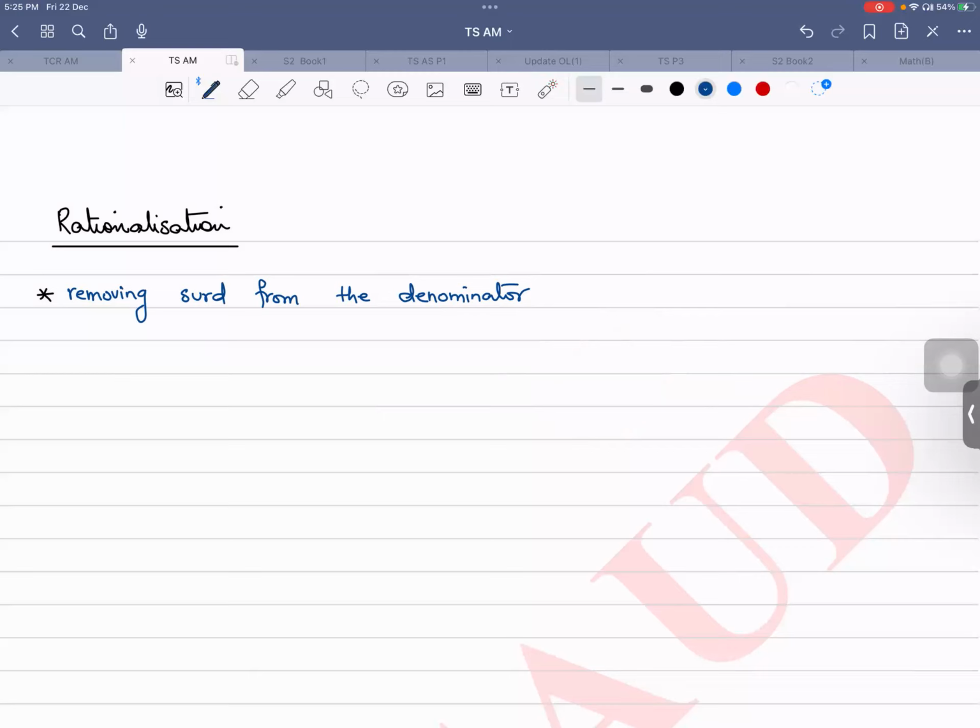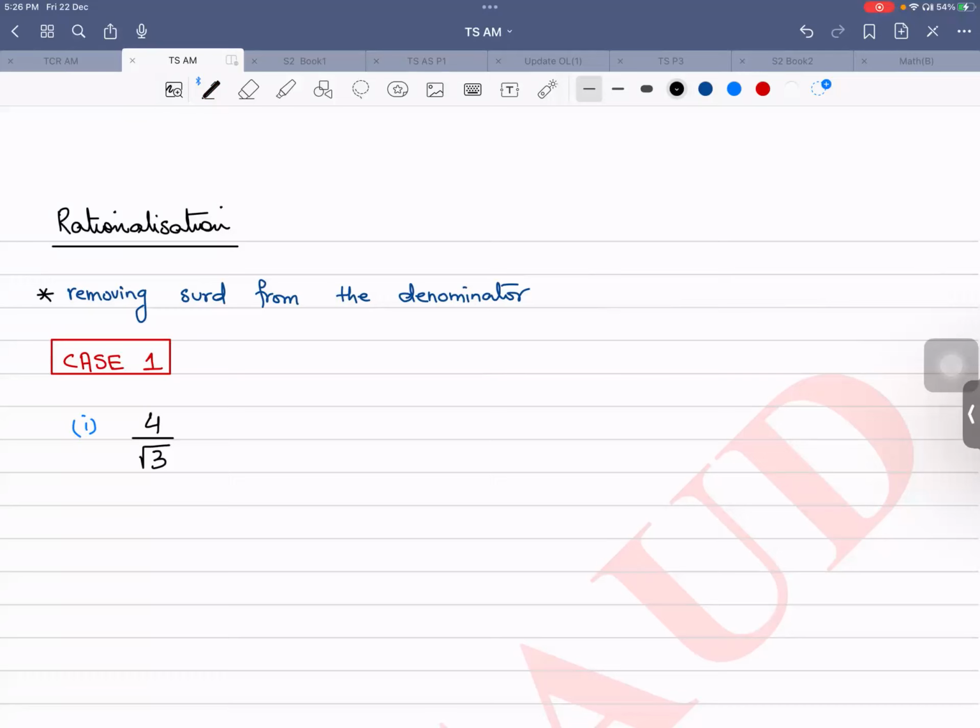So we have two cases of rationalization. Case number one, when we have only one surd in the denominator, only one term in the denominator. For example, 4 upon square root 3.